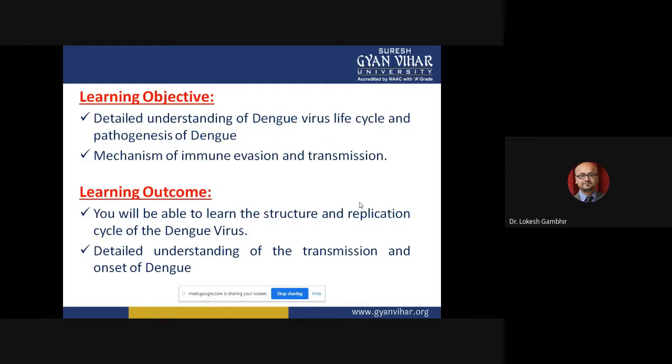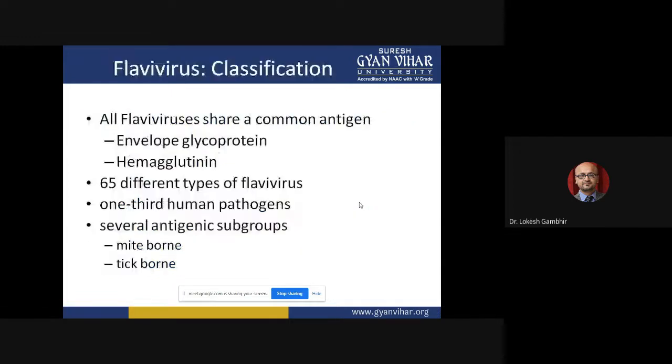The main objective of this lecture is to impart an understanding of what dengue virus is, what its structure is, how it causes immune evasion, and what its transmission mode is. By the end of the lecture, I expect you to understand all these things. So without any further delay, let us go directly to the topic.